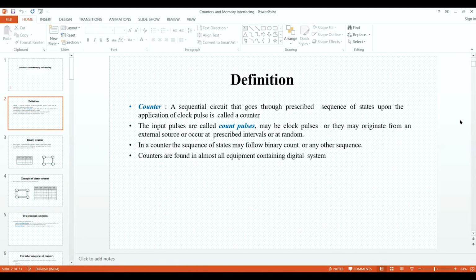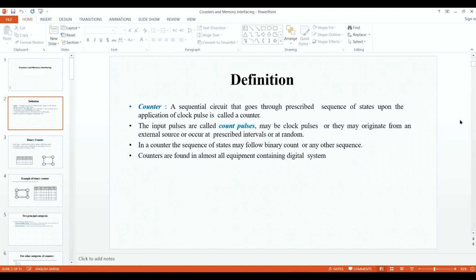If we talk about counters and flip-flops, in a counter we're talking about a sequence of states. Here we very much emphasize the clock pulse. I already discussed in the sequential circuit video that we have three different types of triggering methods: one is event driven, one is pulse driven, and one is clock driven.